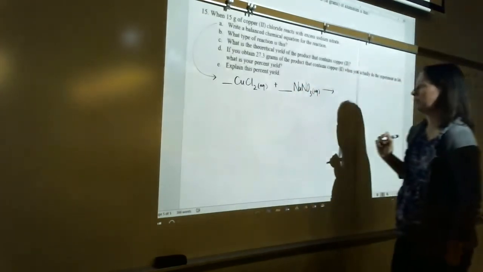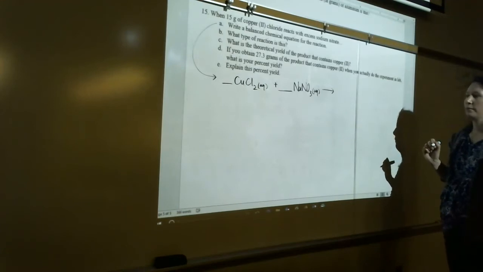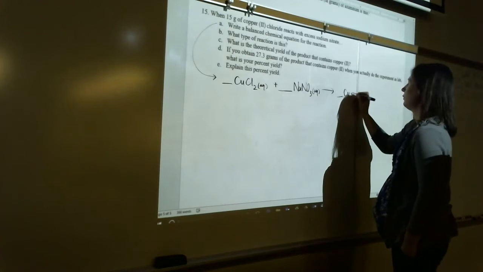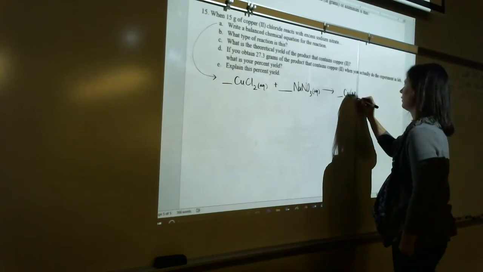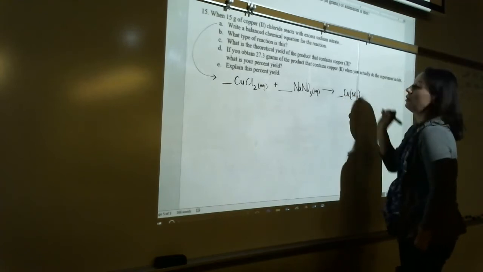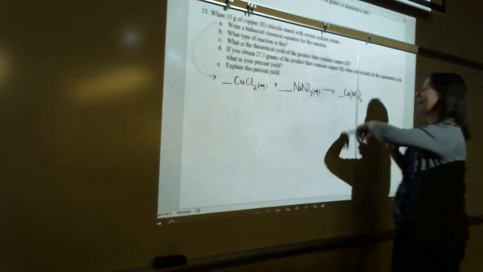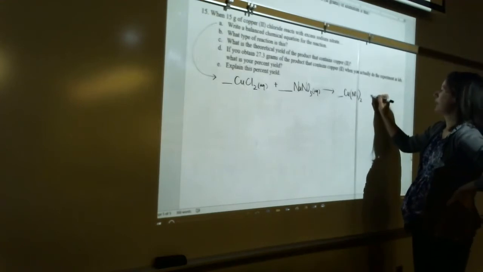What are my products going to be? Well, be careful. Cu(NO3)2, right? Because this is copper 2, so it's going to stay copper 2. And what's my other product?